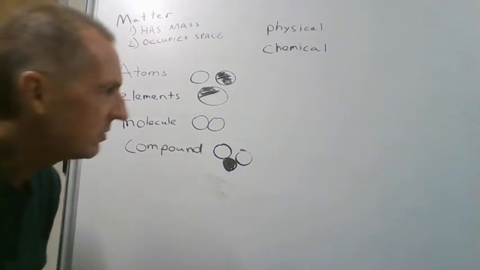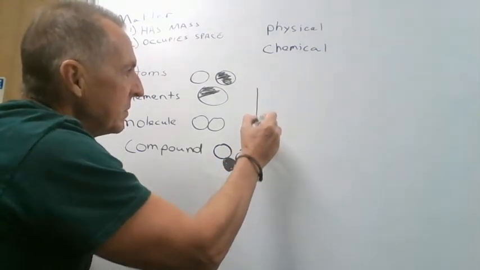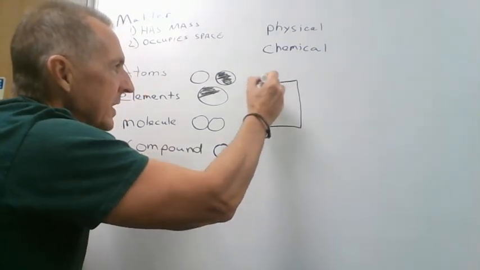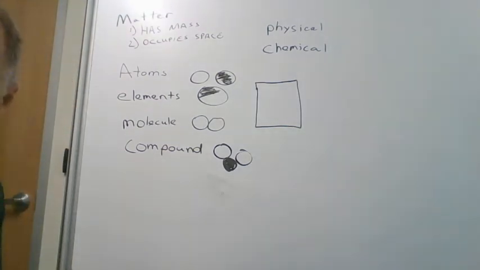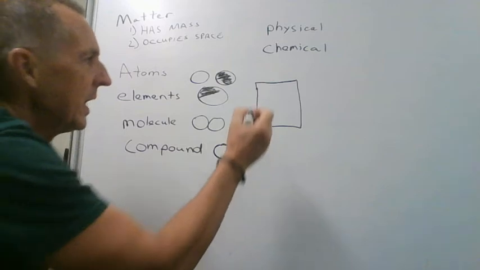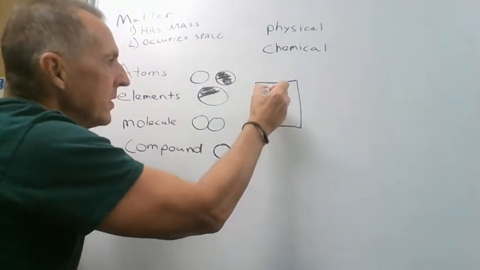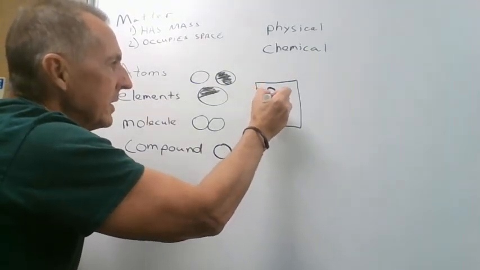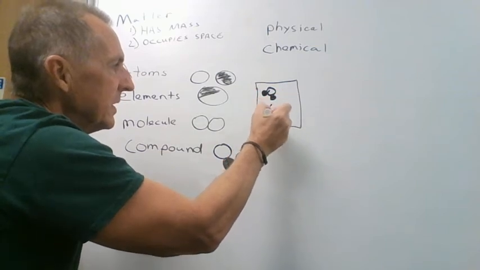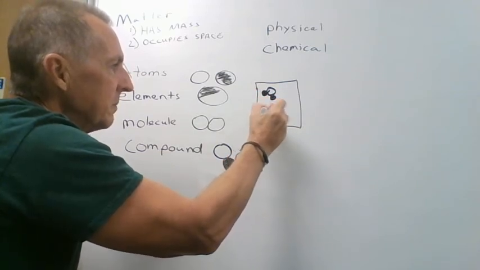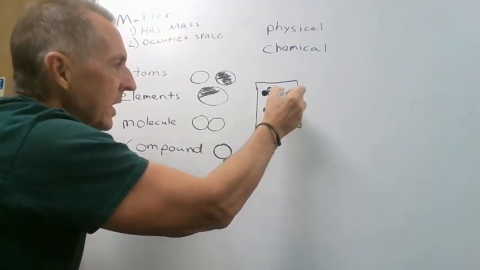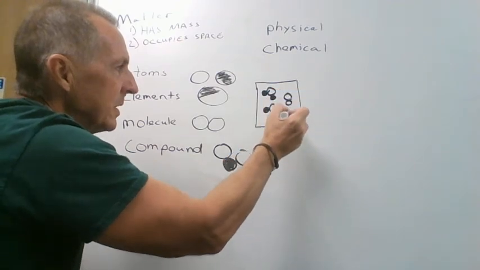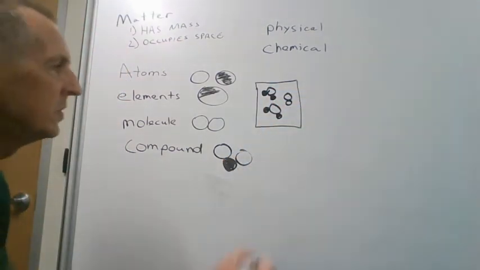So we could look at this pictorially. If we had a box and we had some different molecules in there, say we had some molecules that look like this, where we had two filled in circles and a not filled in circle. And then we had also in here some molecules of just the element.